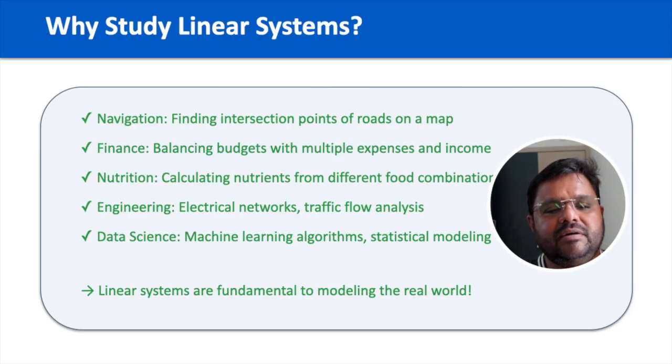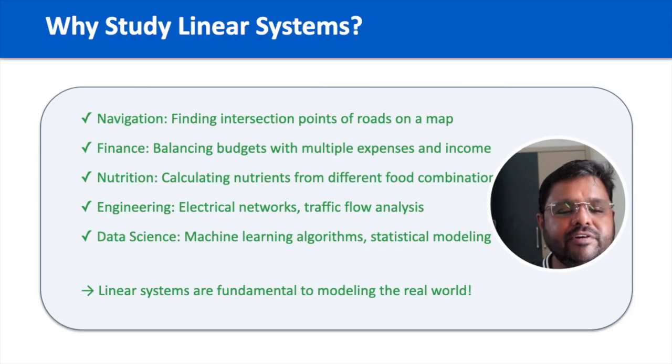And when we consider the nutrition value of many food items, the combination of which food items gives the optimum nutritional value is again a problem of this kind. And in engineering and electrical networks, traffic flow analysis, linear systems are used.